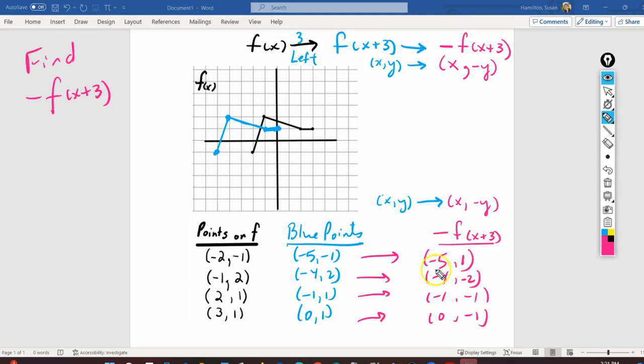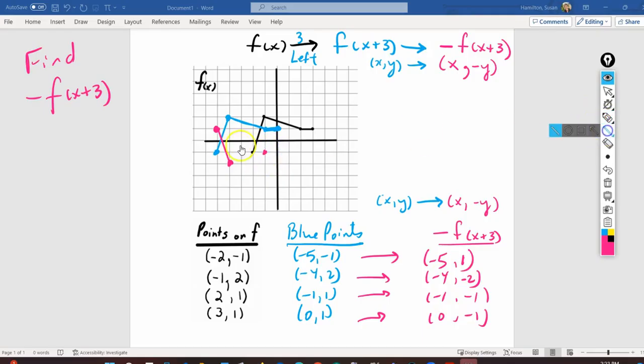So I want to plot the red points, and that will give me the red graph. So -5, 1, -4, 2, -4, -2, and then we want to connect. And then we have -1, -1. Excuse me.